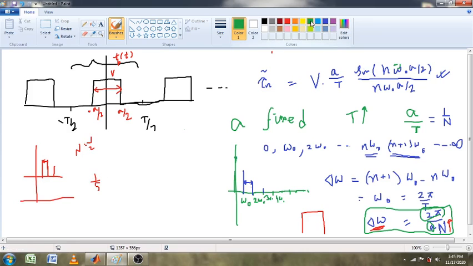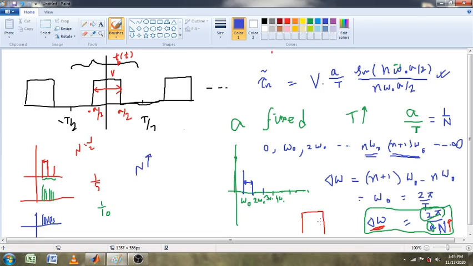You see, there might be one line here, then in between also there will be lines. So there will be more lines in the same frequency range. Now if you make n equal to 10, then you will have even more lines in the same frequency range. So there will be one here, one here, one here, one here, like this, right? So your number of spectral lines will keep on increasing as you increase your n.